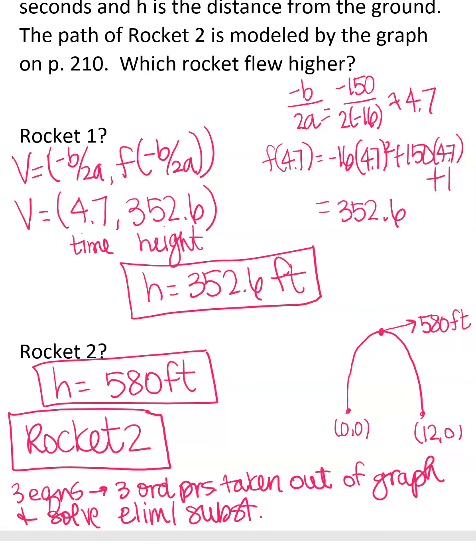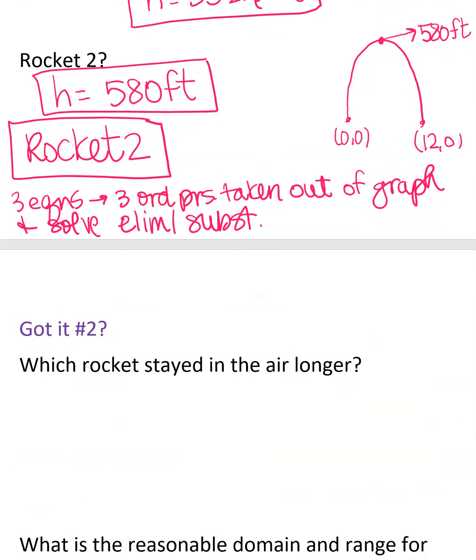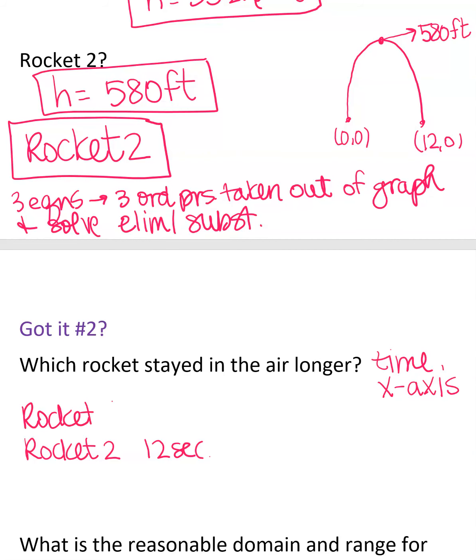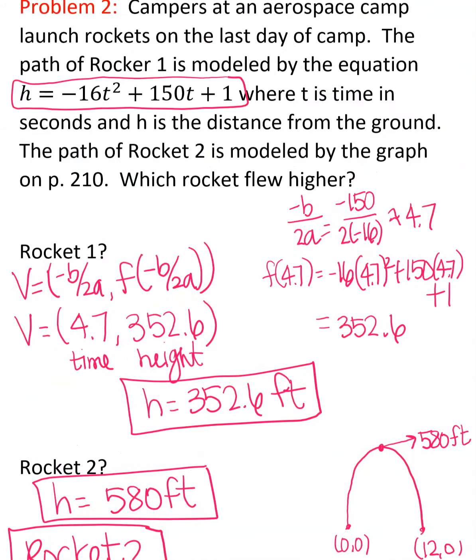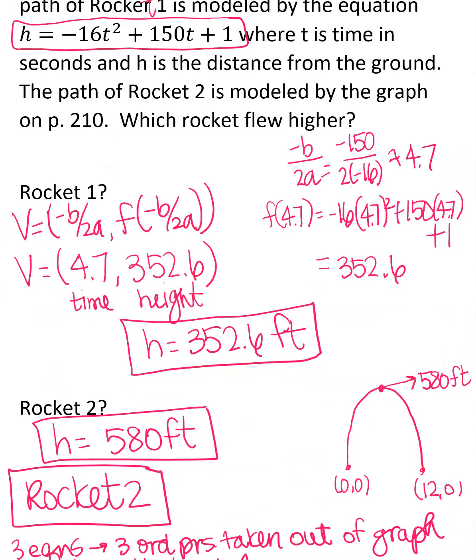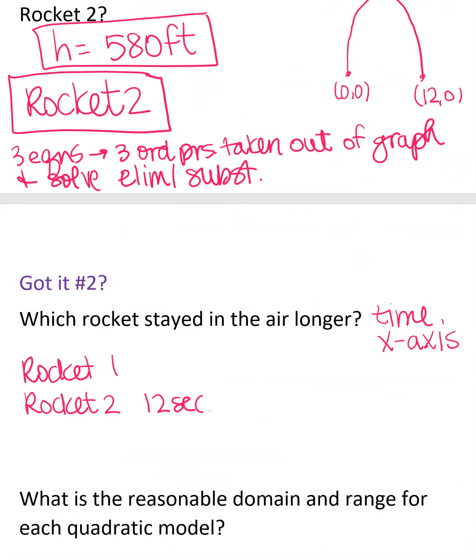Now we're going to answer some questions about the rockets. Which rocket stayed in the air longer? That has to do with time, and time has to do with the x-axis. So when you look at the x-axis for both of these, rocket 2 is 12 seconds, because from start to finish it was 12 seconds. Rocket 1, if we go up a little bit again, rocket 1 was 4.7 seconds halfway across.